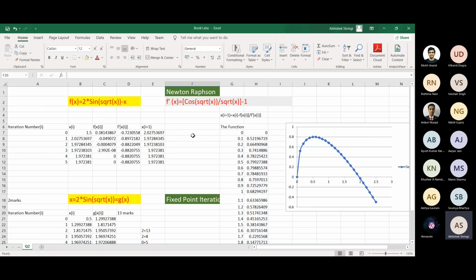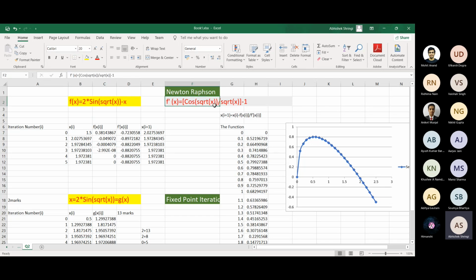The second part of this problem was Newton-Raphson. The same problem was there, but the initial guess to be taken was different. Here it was 1.5, whereas before it was 0.5. The function was given and you had to find the derivative.